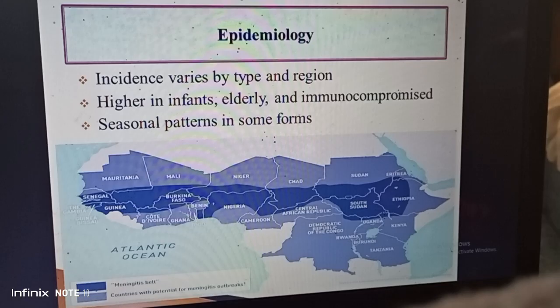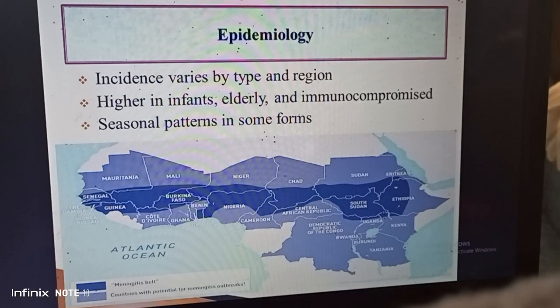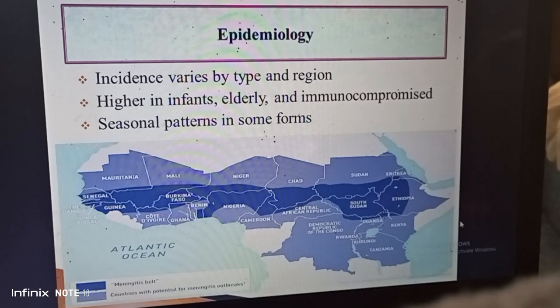The other is seasonal pattern. In some forms of meningitis, it may occur in certain seasons. This map shows you the meningitis belt that occurs specifically in Africa.